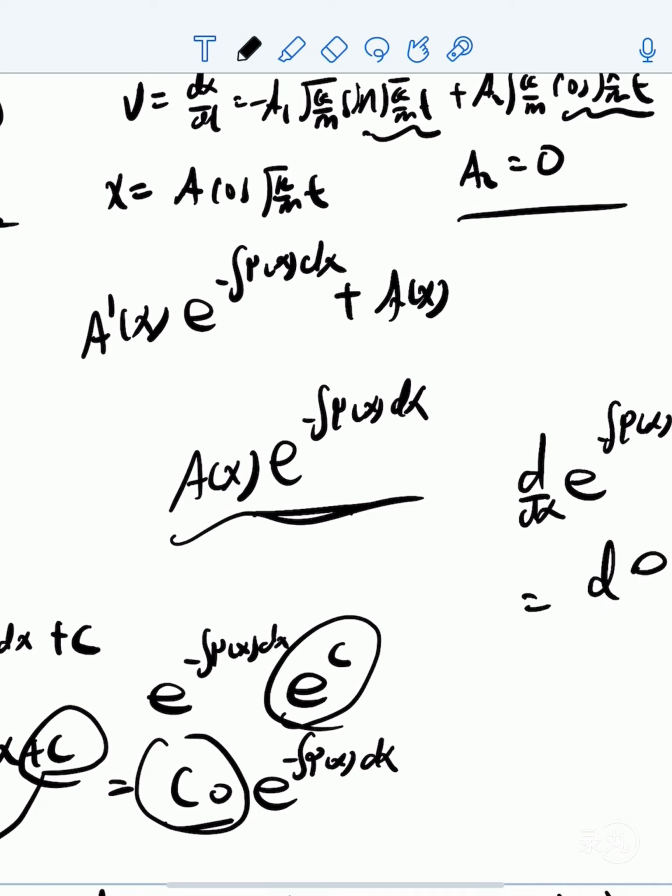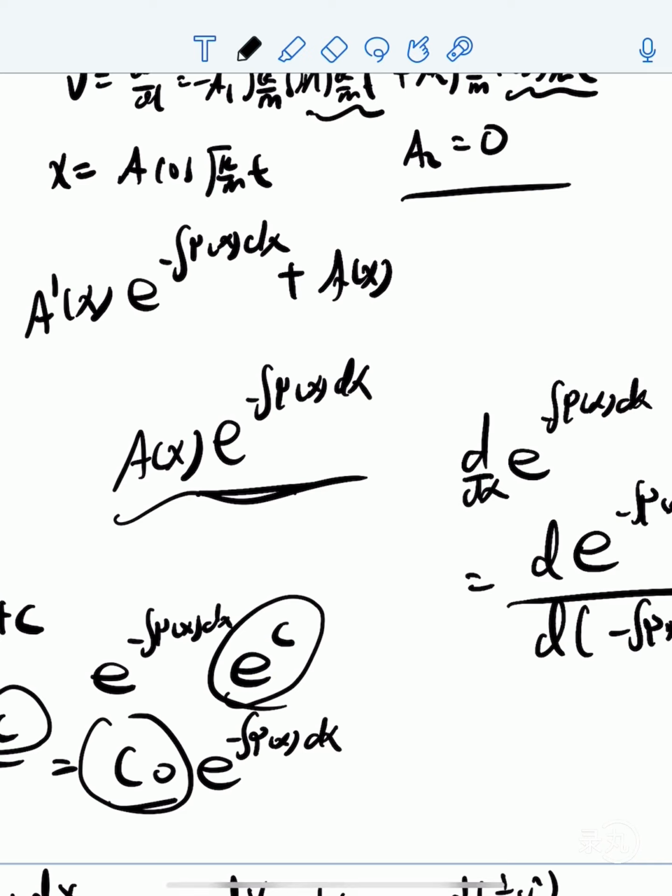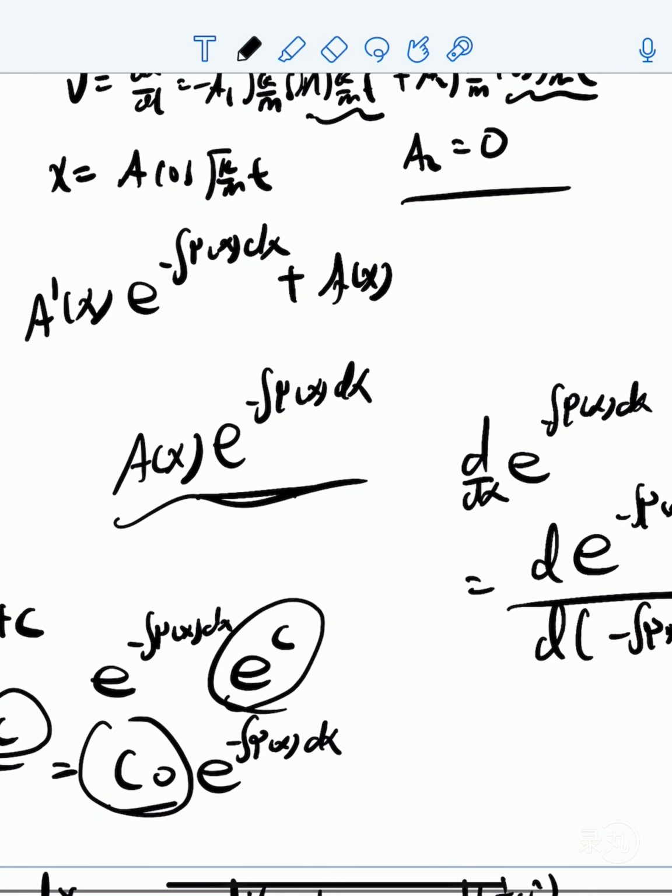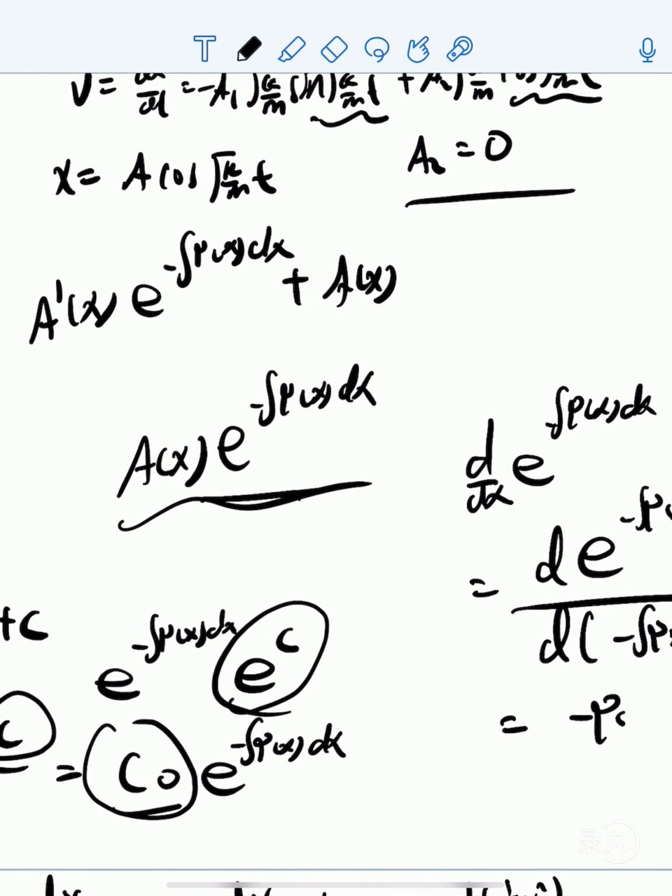Taking the chain rule here, this is equal to e^(negative integral of p(x) dx) times d/dx of negative integral of p(x) dx, which is negative p(x), by the fundamental theorem of calculus.